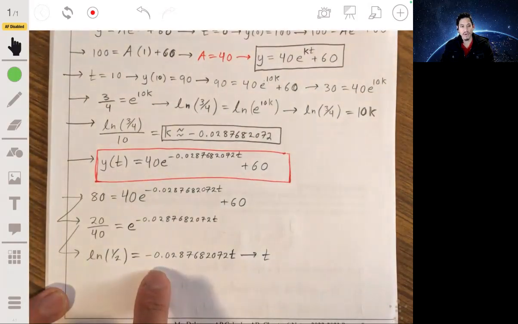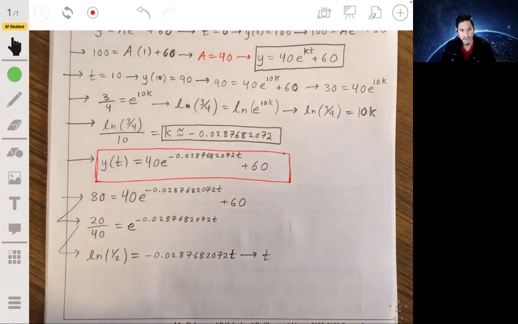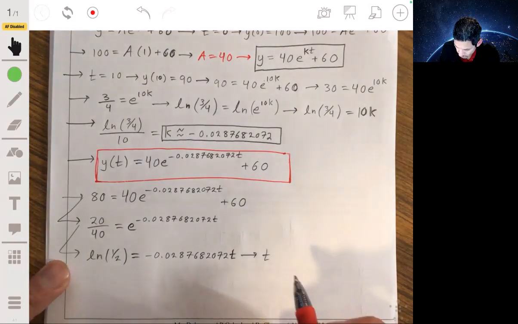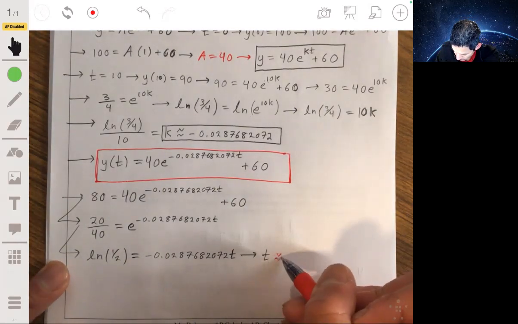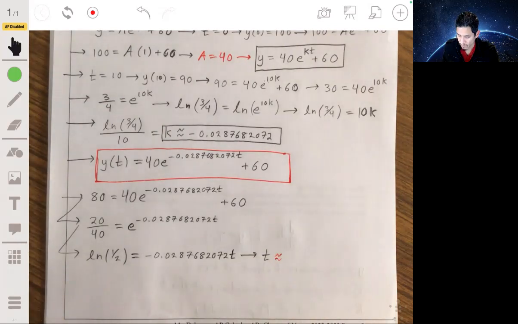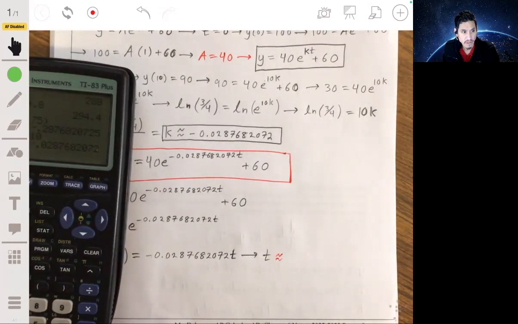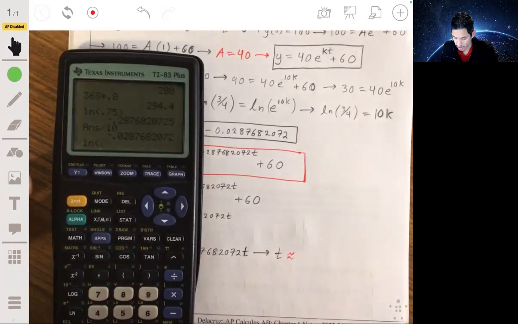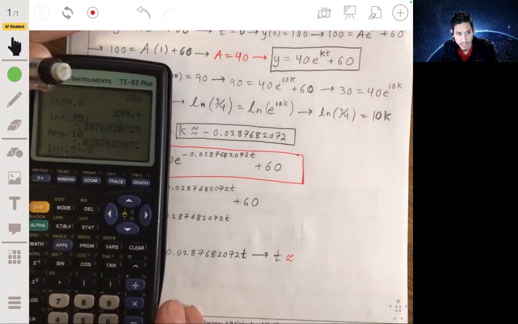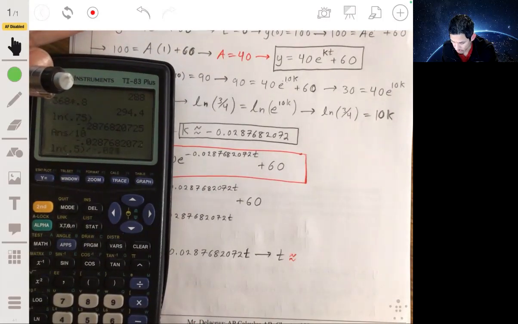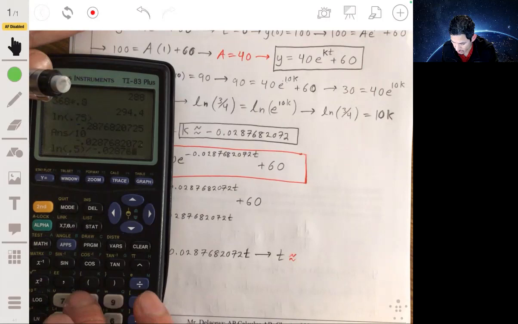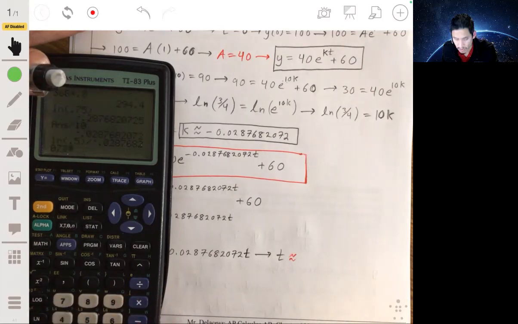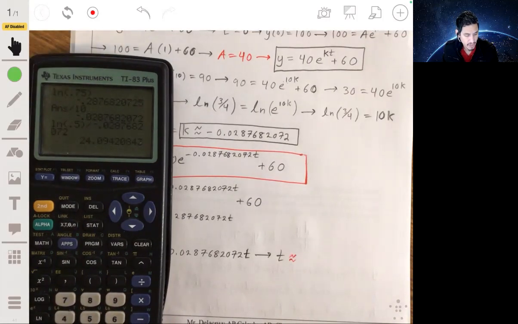And then I just divide both sides by this. So let me do it in my calculator. Natural log of 0.5 divided by negative 0.0287682072. Bang. We're going to get about 24.09 minutes.